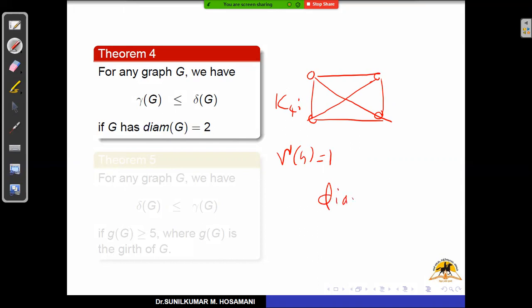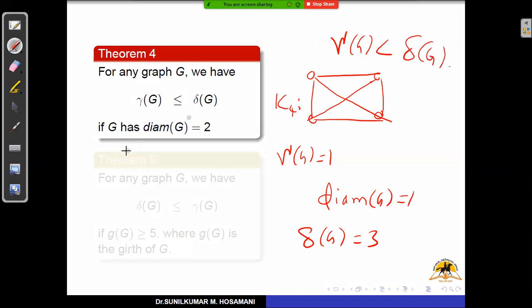And obviously the diameter of this graph is also 1. But the minimum degree of this graph is 3 here. So in this case, the domination number of G is strictly less than its minimum degree. Okay. So in general, for any connected graph G with diameter equal to 2, the domination number is less than or equal to the minimum degree.